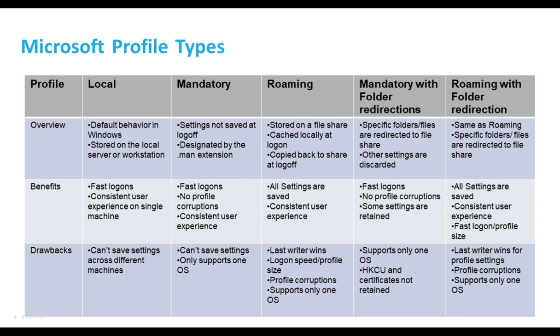The benefits of a local profile are they're fast and they're consistent across that one machine. The major drawback, though, of your local profile is in the name. It's local. And so if I log into Windows 7 Desktop 1 today and Windows 7 Desktop 2 tomorrow, they're each going to have their unique Windows profile.